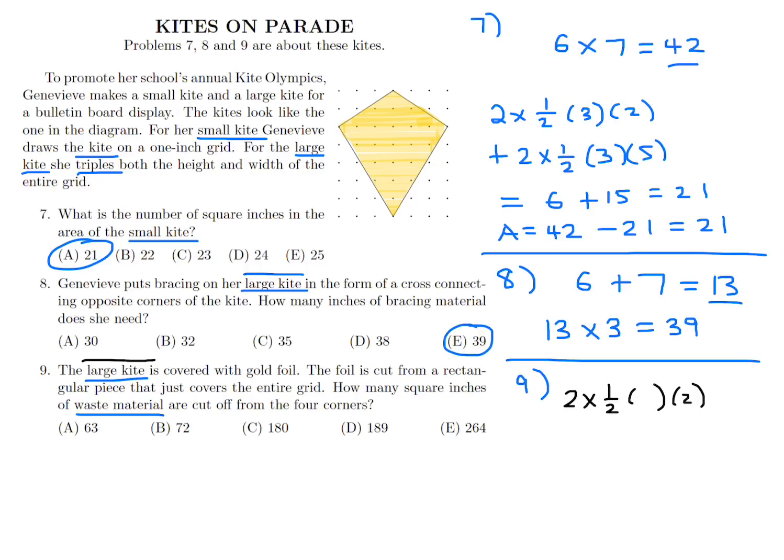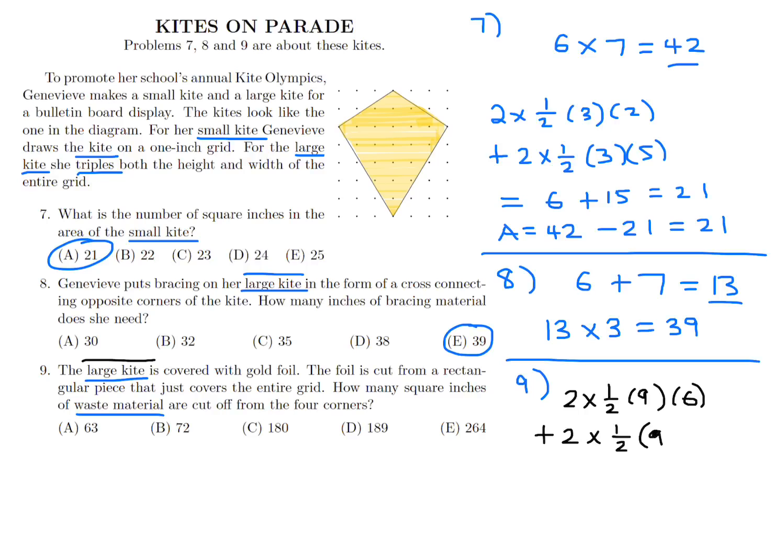So don't get confused there. Don't put 3 and 2. Think about the question, read the question carefully. We're tripling. So instead of 3 and 2, we have to put 9 and 6, right? Because we've got to triple the values according to what the question tells us. And then similarly, if we figure out these triangles down here, there's 2 of them on either side. So 2 times 1/2 base times height. The base is 3, but we have to triple that.